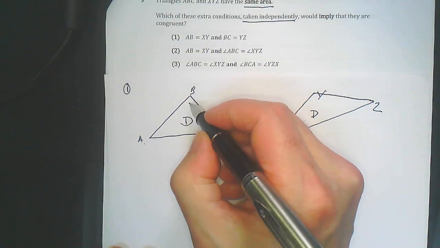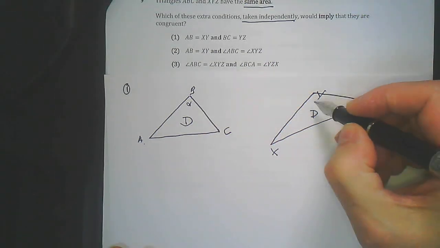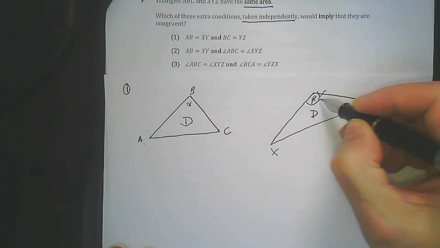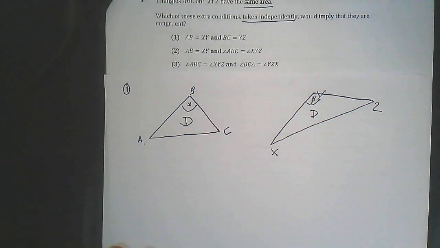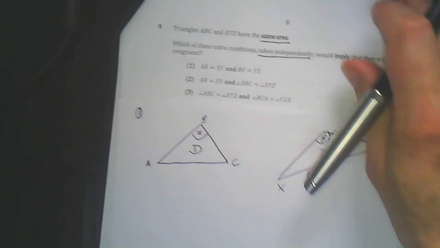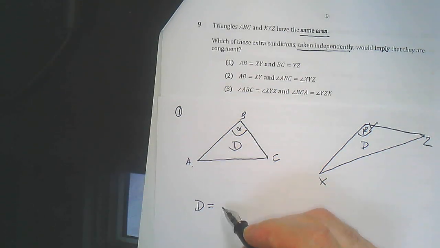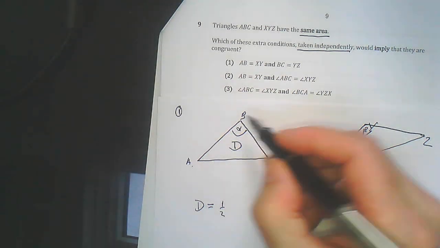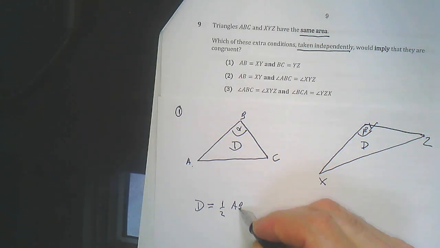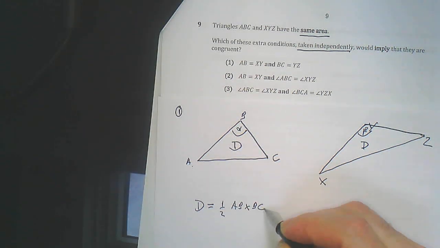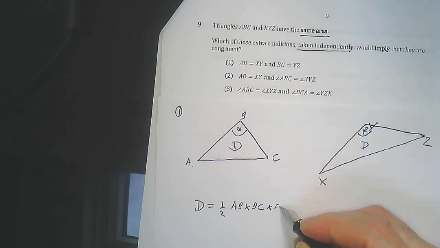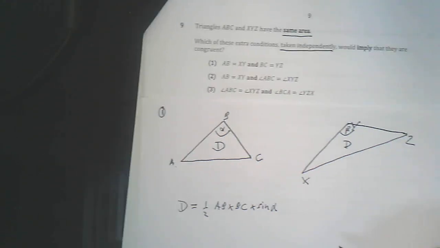So let's say this is alpha and this is beta in here, these two angles. Then the area of the first triangle, D, equals a half AB times BC times the sine of the angle between them.